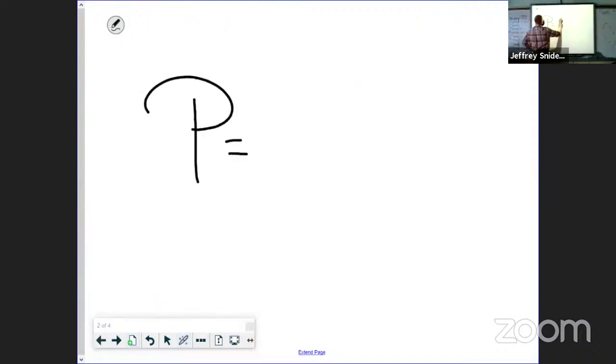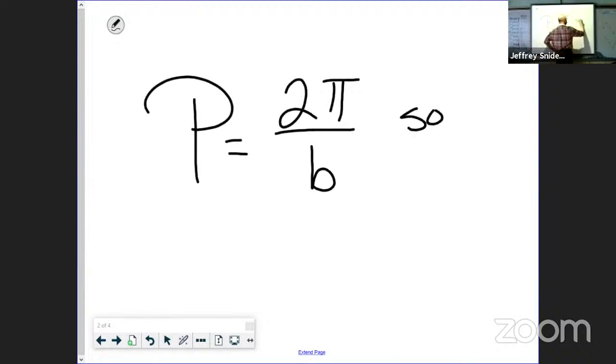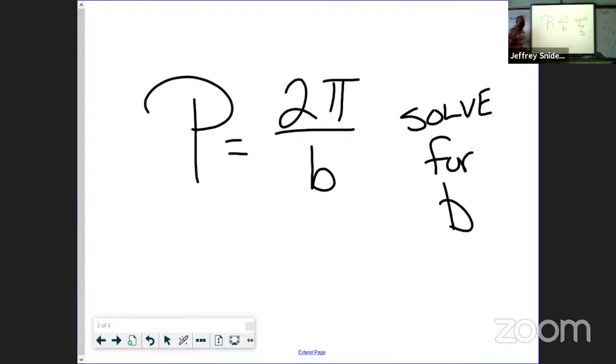Literal equation. Solve for B. It's like in physics class or chemistry or some class where they say, hey, here's a formula, I want you to solve for this variable. How do I solve this equation right here for B?